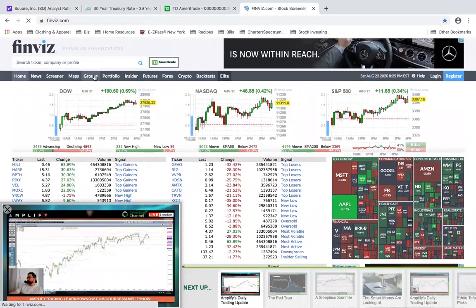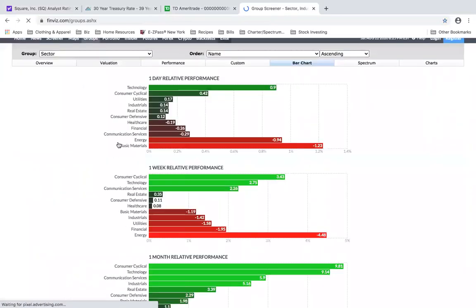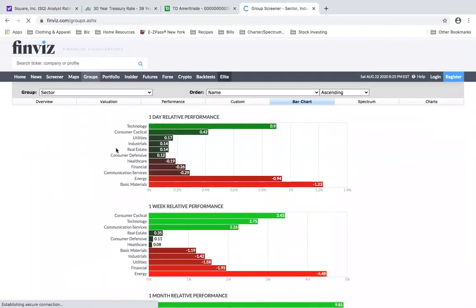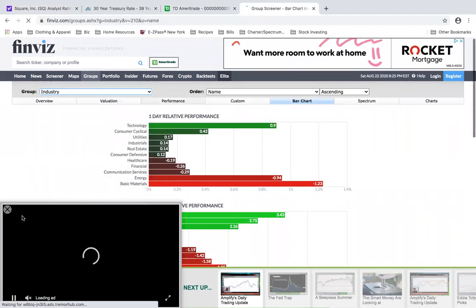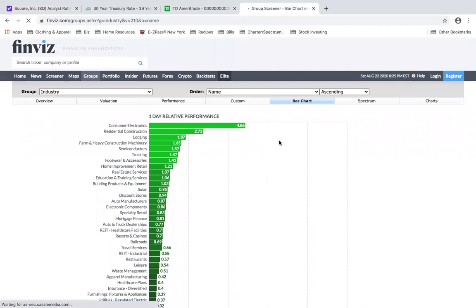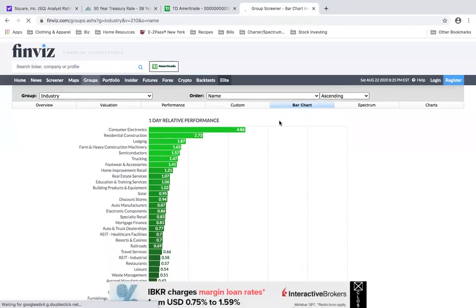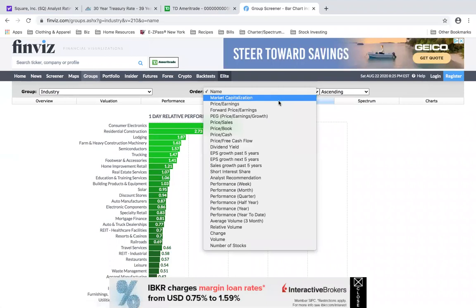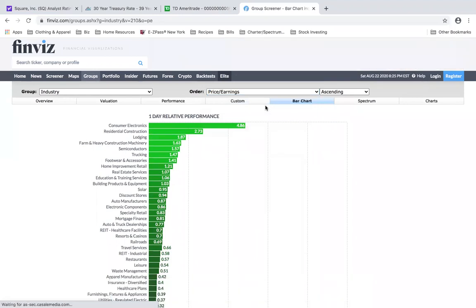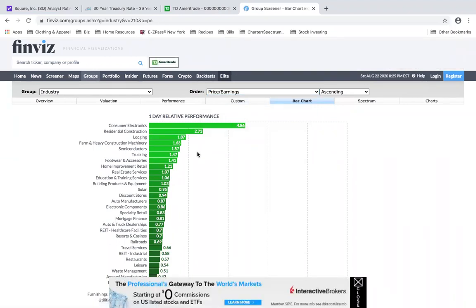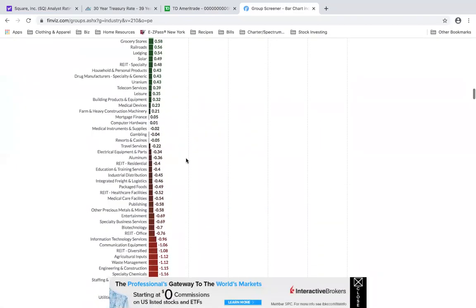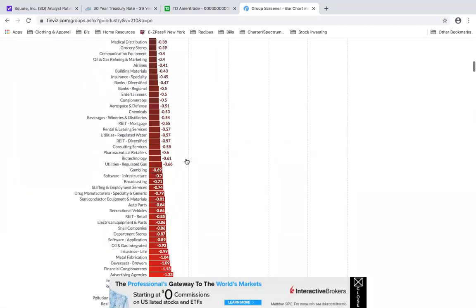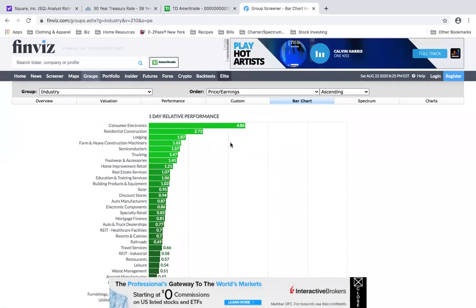Was it under groups? Price to earnings. Where did I find that at again?